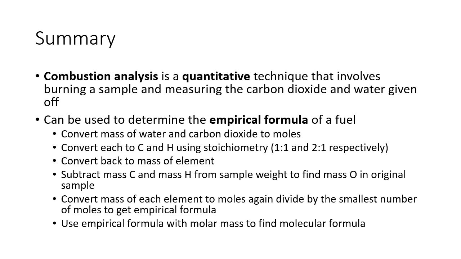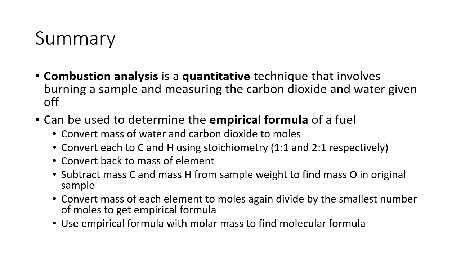So to summarize, combustion analysis is a quantitative technique that involves burning a sample and measuring the carbon dioxide and water given off. It can be used to determine the empirical formula of a fuel, fuel here being something that burns. So we convert mass of water and carbon dioxide to moles.